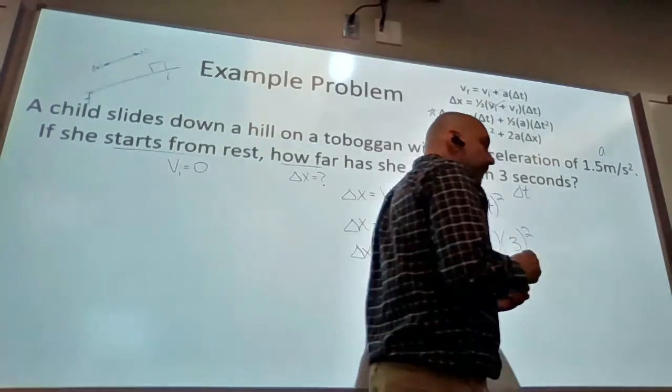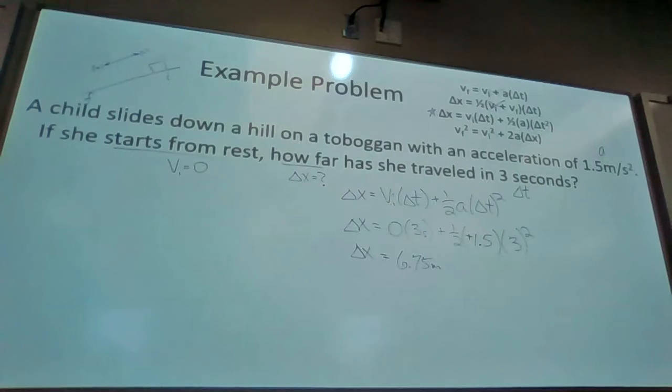Now, before you box that, you have one very important final step. You need to back up and say, is this a realistic answer? Is this something that could potentially happen in reality?